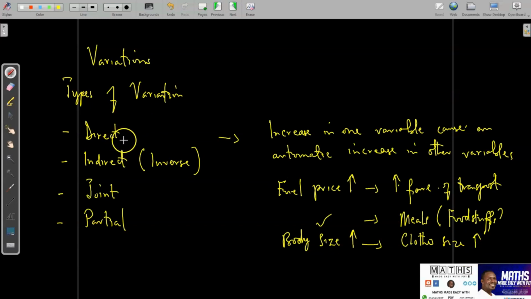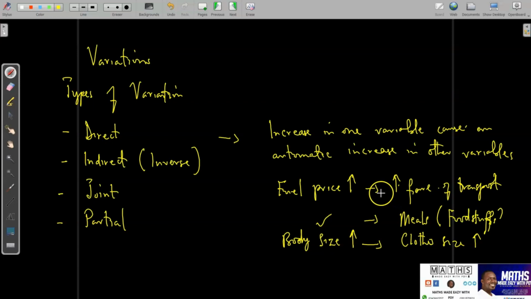Now, as I said, it is not only when you have an increase in one variable that there is an automatic increase in the other. There can also be a decrease. So when there's a decrease in one quantity, there will also be a decrease in the other.